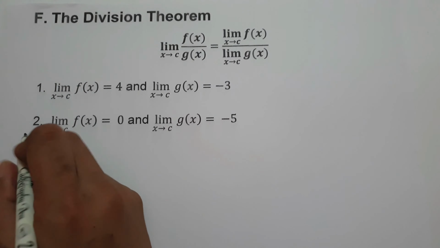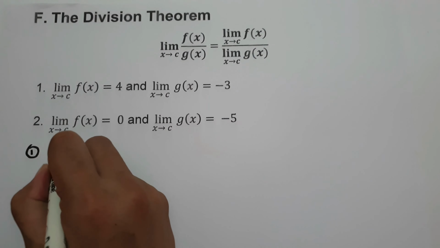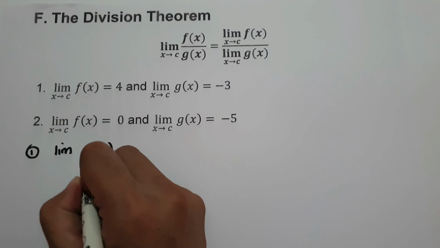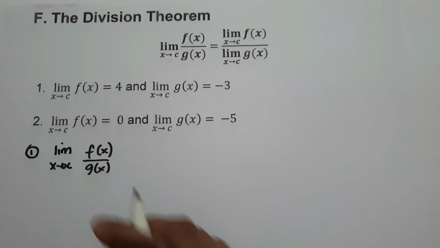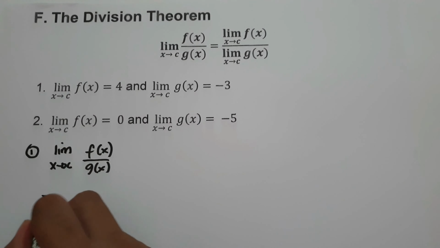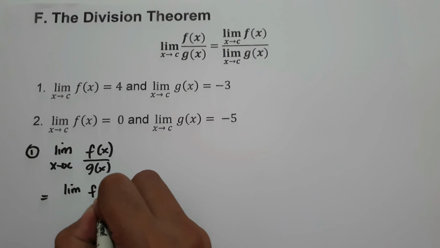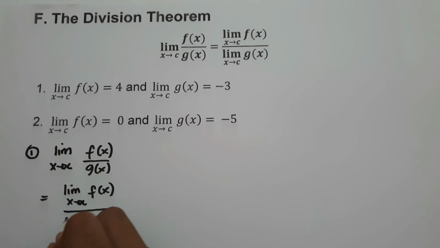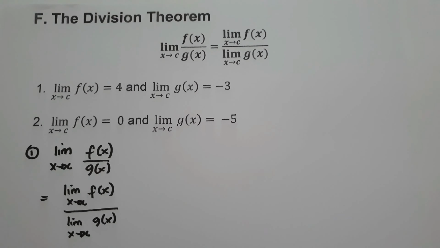So let us simplify this one using the division theorem. So that is the limit of f of x over g of x as x approaches c. So to simplify, let us have the limit of f of x as x approaches c divided by the limit of g of x as x approaches c.